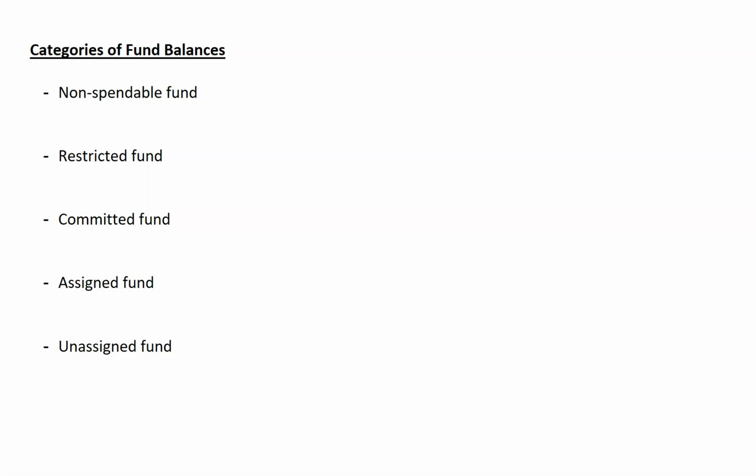So fund balance is just like the equity portion or net position portion of a governmental entity. The fund balance term will be used for fund accounting, usually governmental funds and internal service funds that use the modified accrual approach.